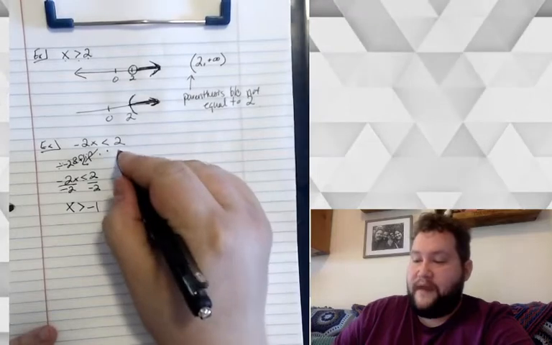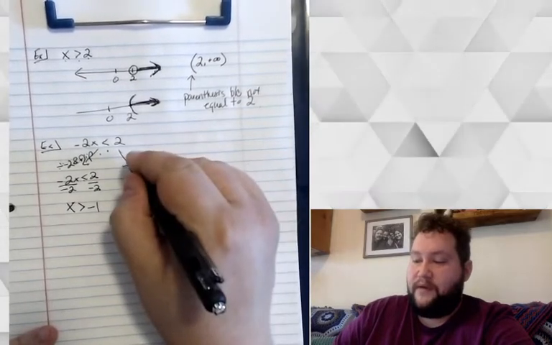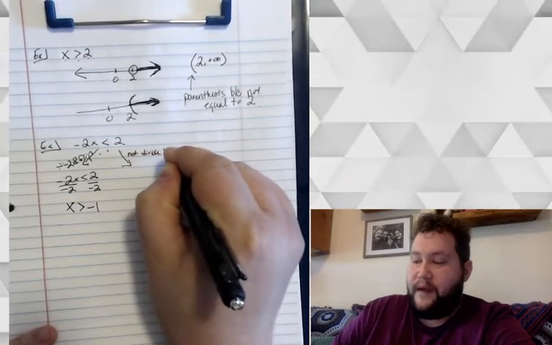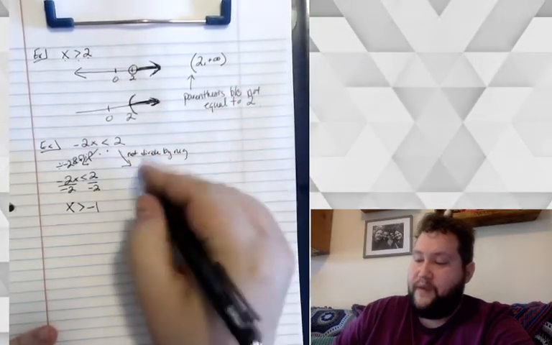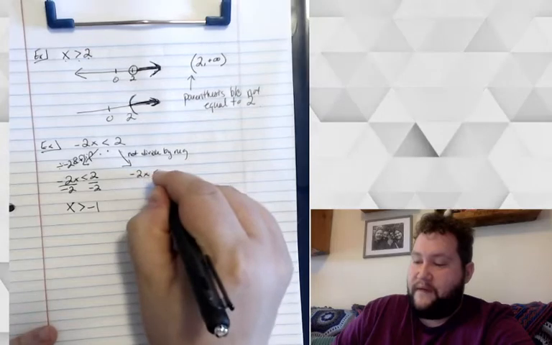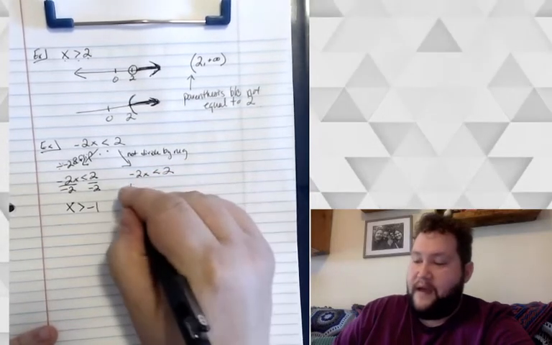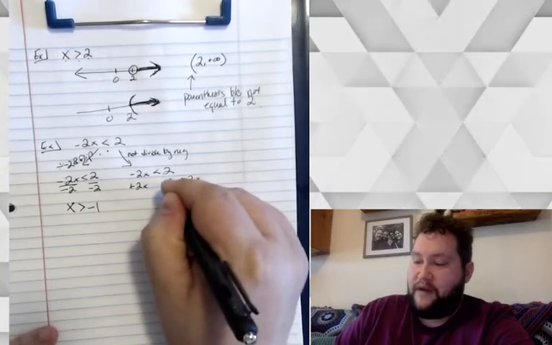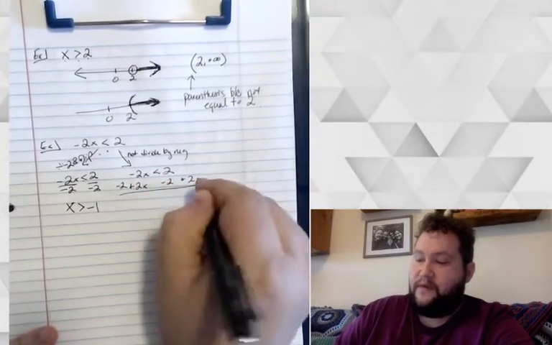And the reason for that is, suppose we're just going to not divide by a negative. I have -2x is less than 2. I'm going to add a 2x to both sides, and I'm going to subtract a 2. So I'm going to do both of those at the same time.